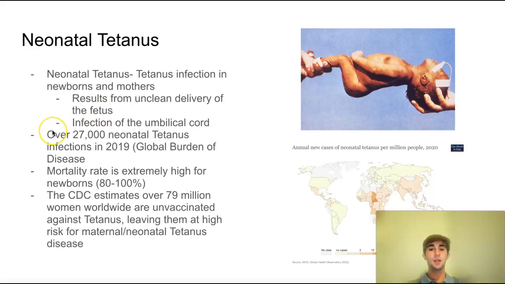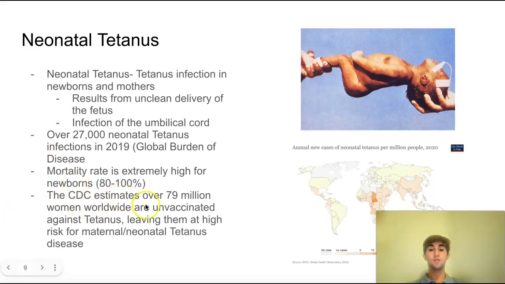This is such an issue because the mortality rate for newborns getting tetanus is extremely high, 80 to 100%. That's because their immune systems are just not ready to handle tetanus at that age, especially.